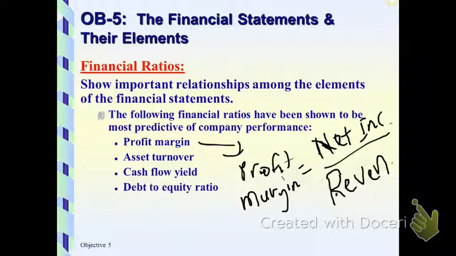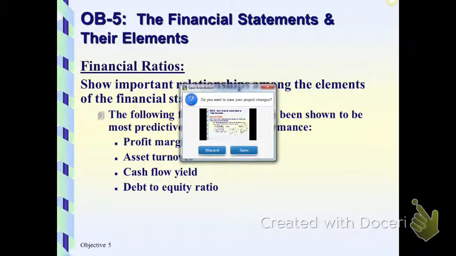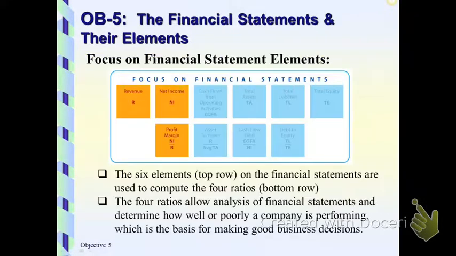So as we progress through our chapters in this textbook, some cues to the information in the textbook. When we're focusing on the financial statement elements in this textbook, the 6 elements on the top row on the financial statements are used to compute the 4 ratios on the bottom row. Okay, so the revenues and net income are for the profit margin.